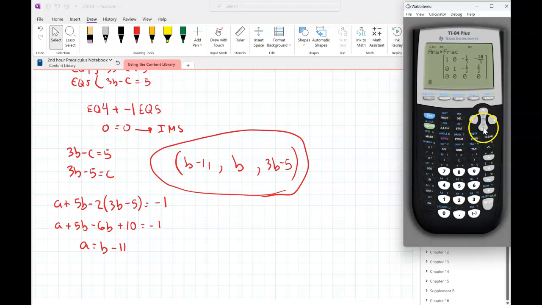Okay. Yeah. Just get the y by itself, and then put it in your calculator and find the intersection. Can I have a question?